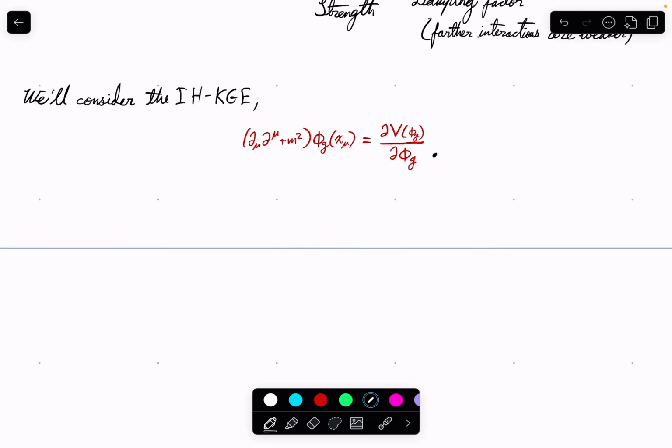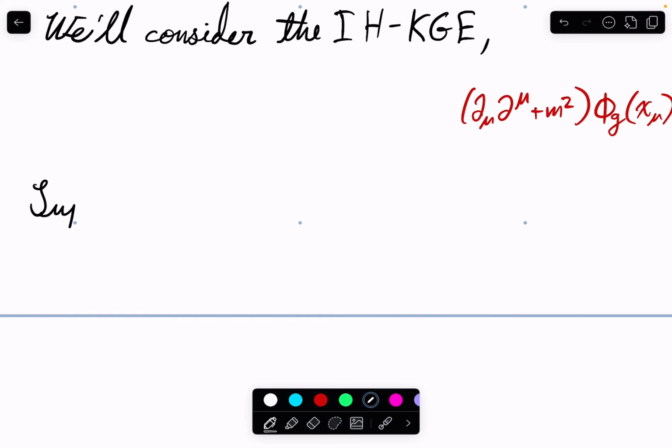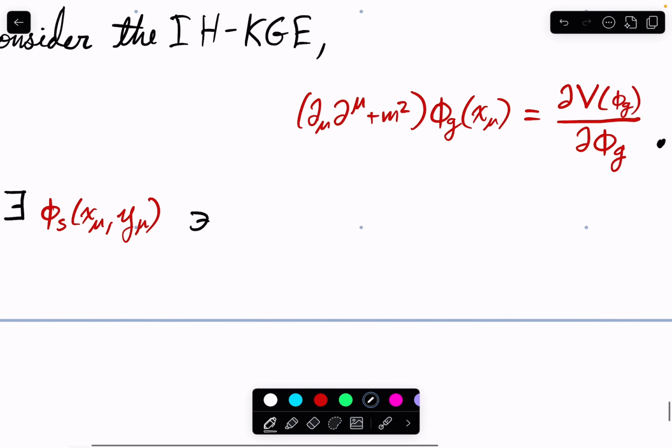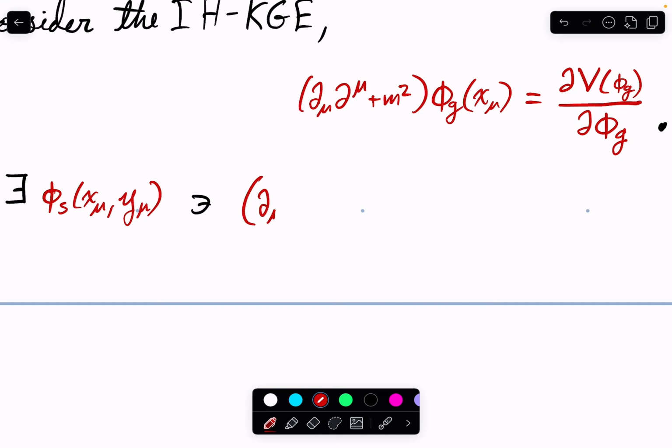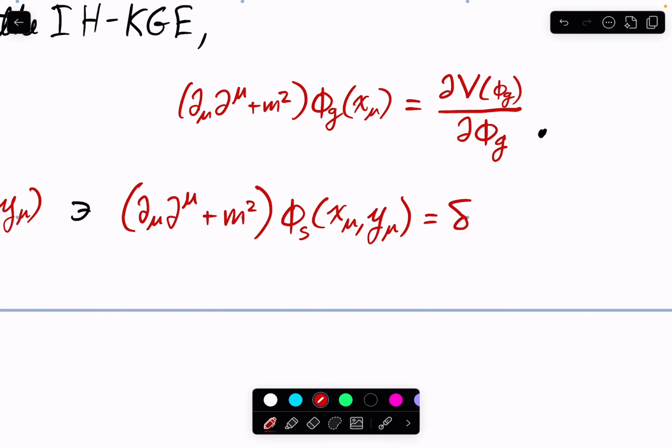So the next step is to suppose that there exists a special field solution dependent upon x mu and some other position, y mu, such that the Klein-Gordon equation, d squared plus m squared, acting on the special field solution results in the Dirac delta function.